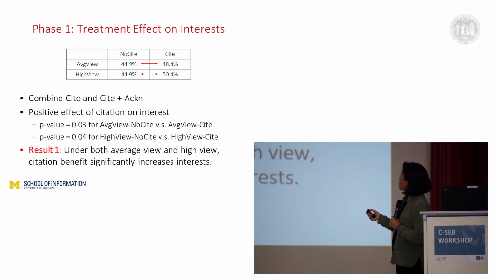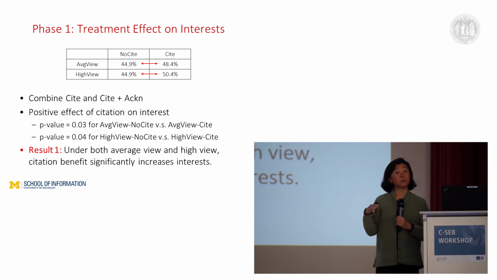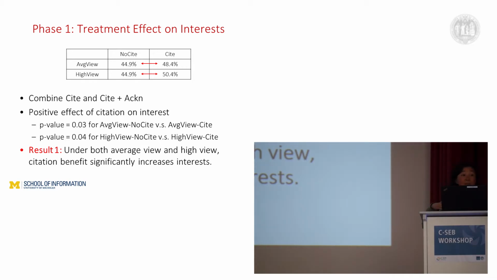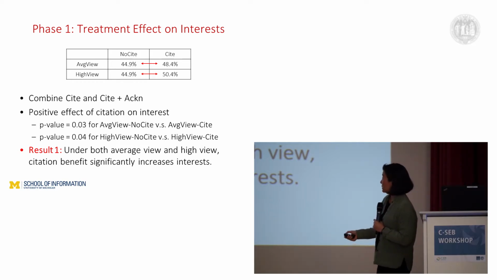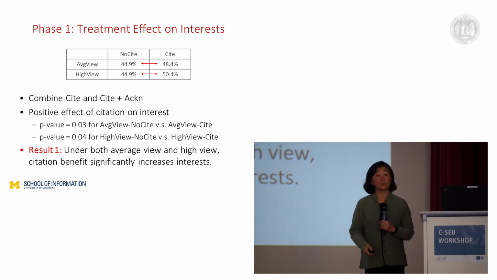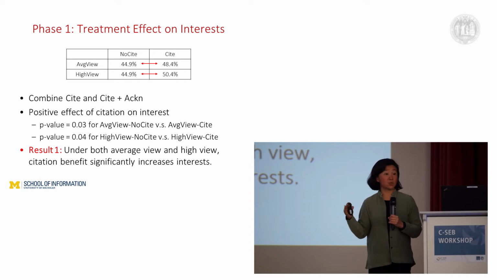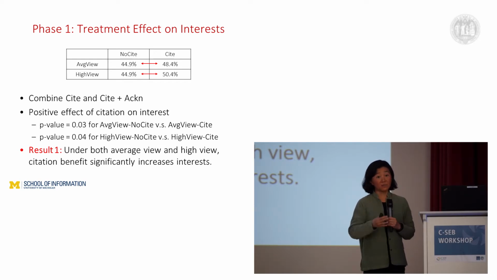Controlling for whether you talk about citation benefit or not, bringing the average view to high view has no effect. So the social impact by itself has no effect. The first result says that under both the average view and high view, citation benefit significantly increases interest. So what's pushing the roughly 5 percentage point increase in interest is all private benefit, if you will.